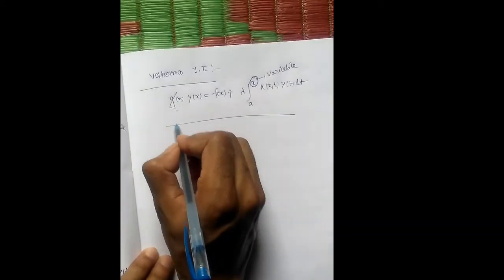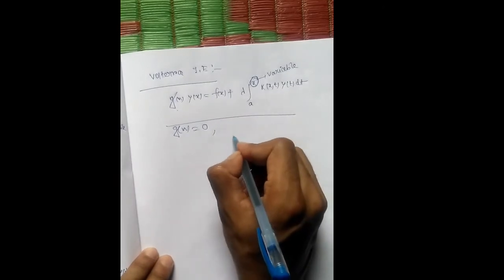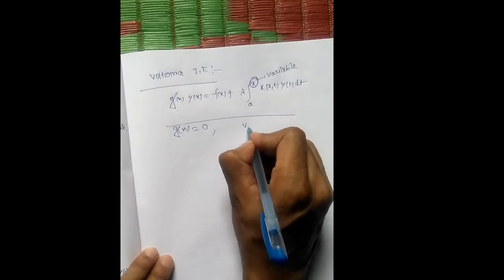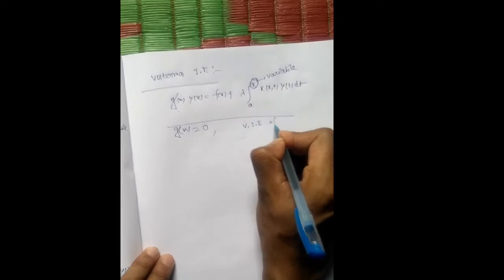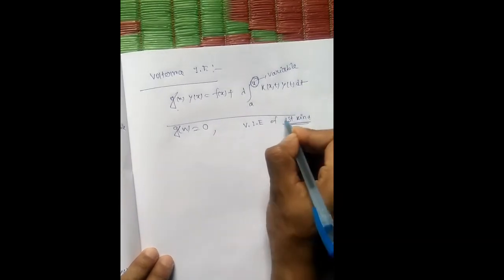Now similarly, if g(x) equal to 0, then we get a Volterra integral equation of first kind, similarly as previous.